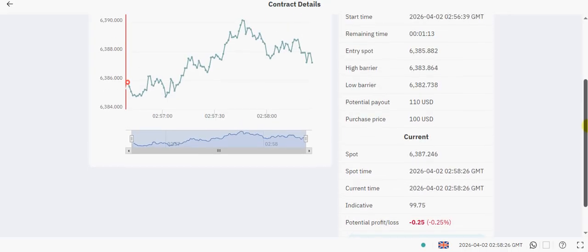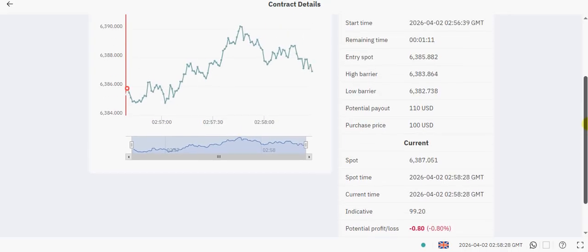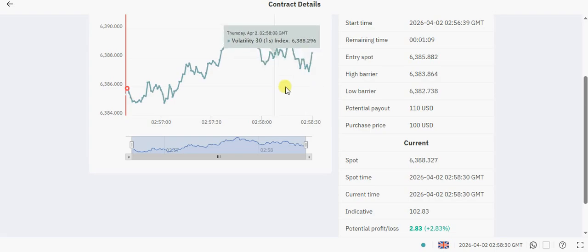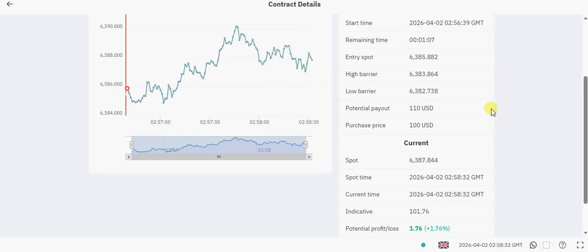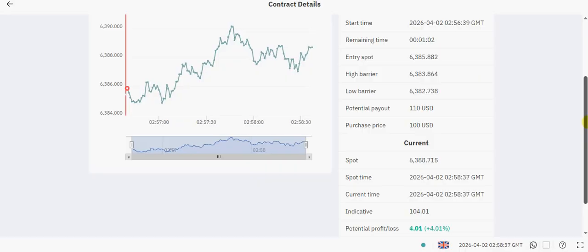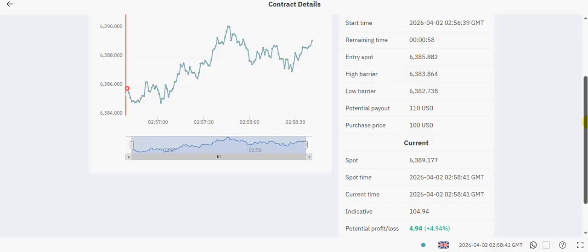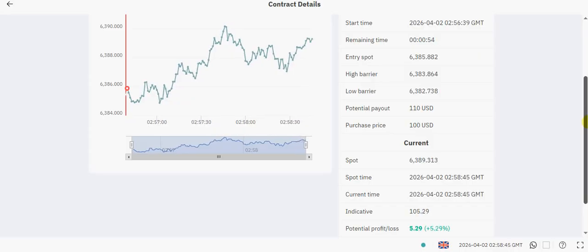The barrier is not visible at all. Don't forget, enter the amount you want to stake.